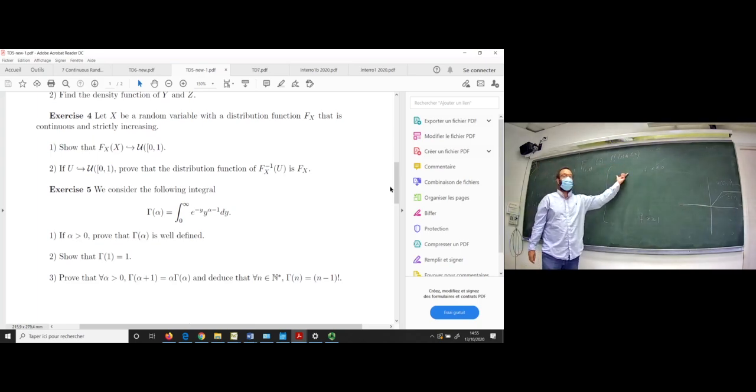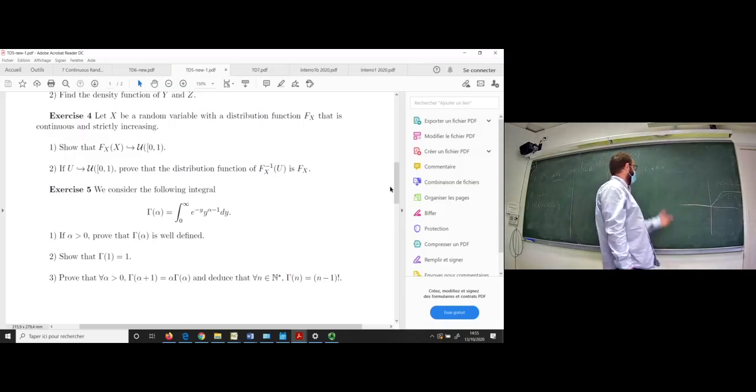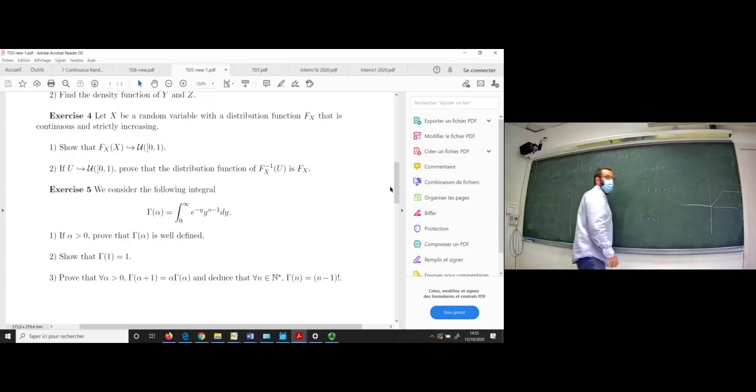What is this probability in this case? What interests me is the case where I am between these two values.